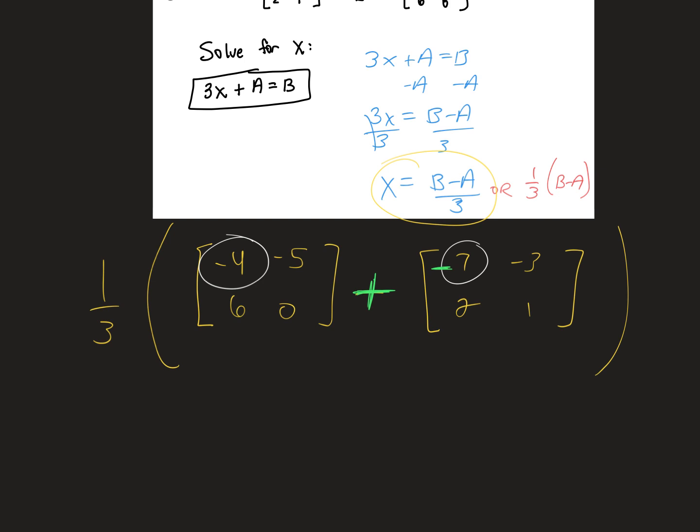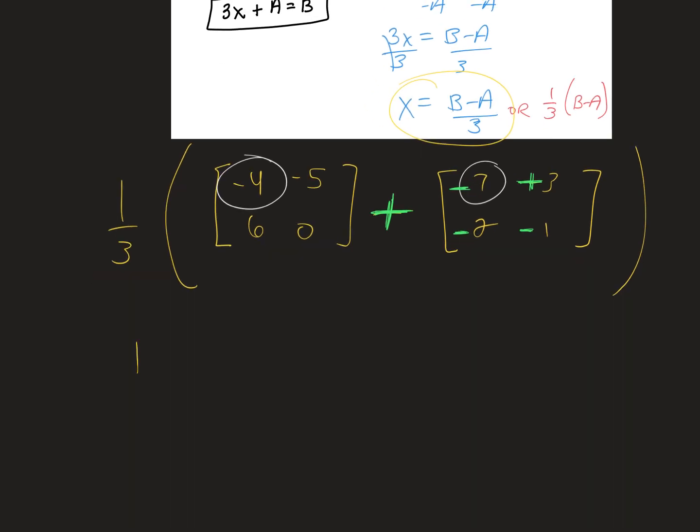Just change all the signs. That way you don't get stuck on I minused a negative so it became a positive. Just go ahead and make your life easier. So now when you add these two together, what's negative 4 plus a negative 7? Negative 11.